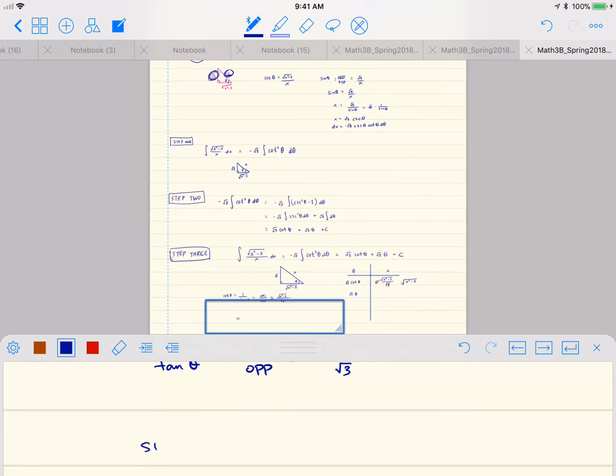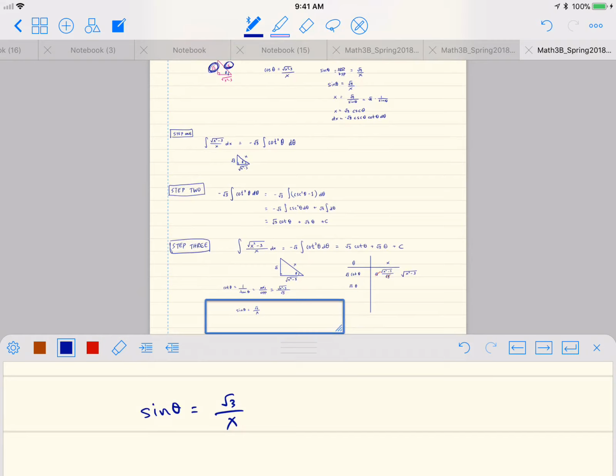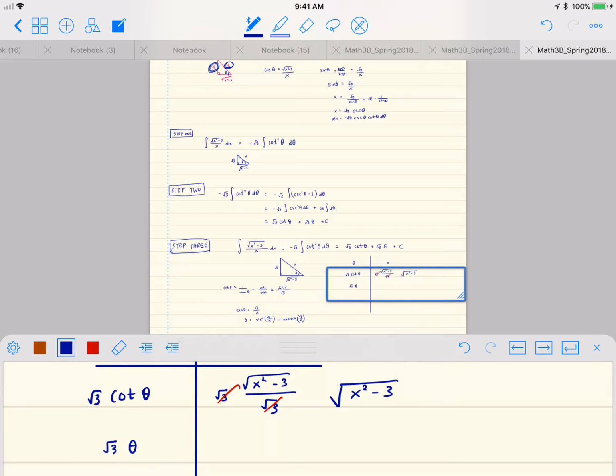Right, so since sine of theta is root 3 over x, what is theta? Theta is going to equal sine inverse of root 3 over x, right? Which is the same thing as saying arc sine of root 3 over x. So we'll have here root 3 times arc sine of root 3 over x.